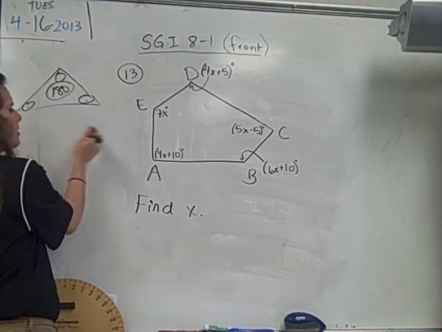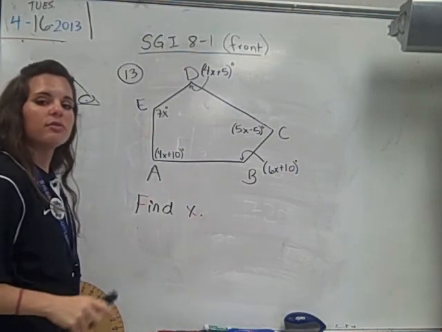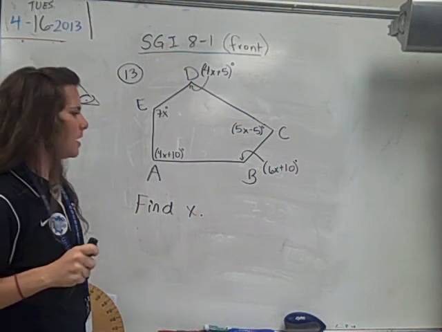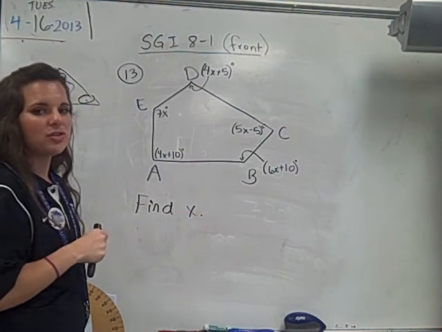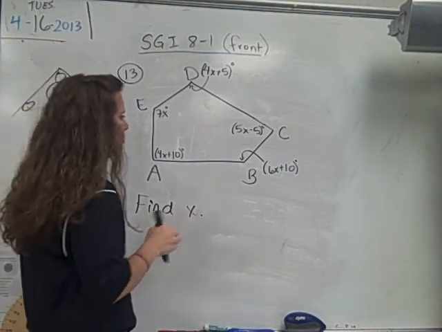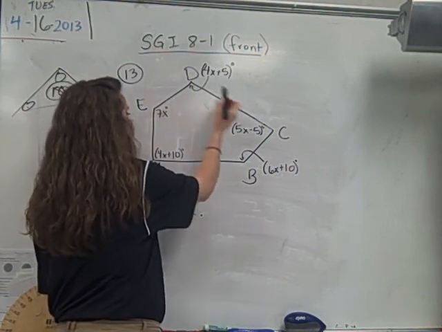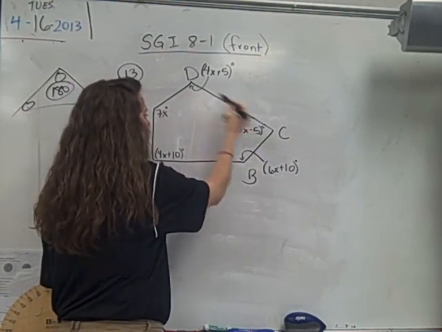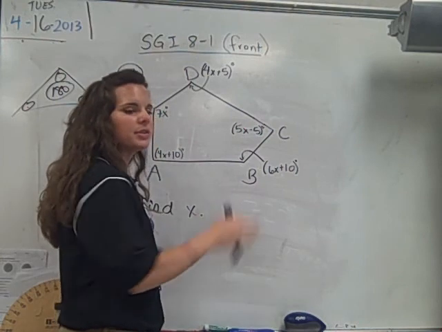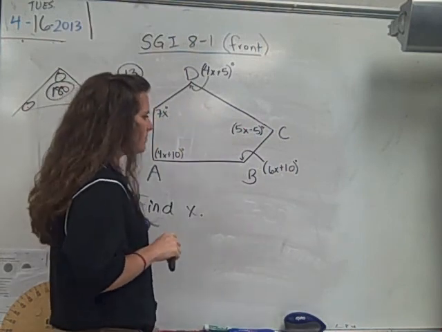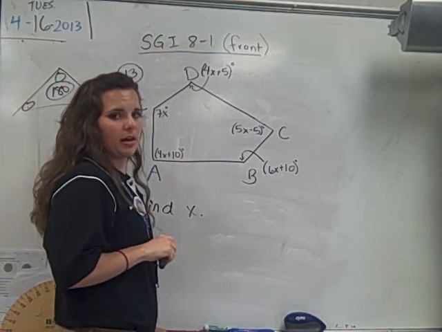You could add them together, set it equal to 180, and you're rolling, finding your x. However, we don't have a triangle here. So let's remember how to find the sum of the interior angles in something that looks like this polygon.